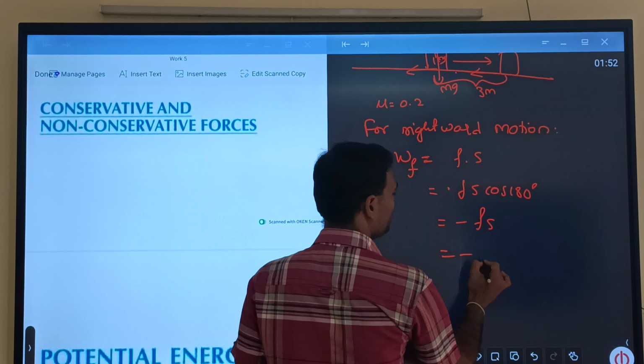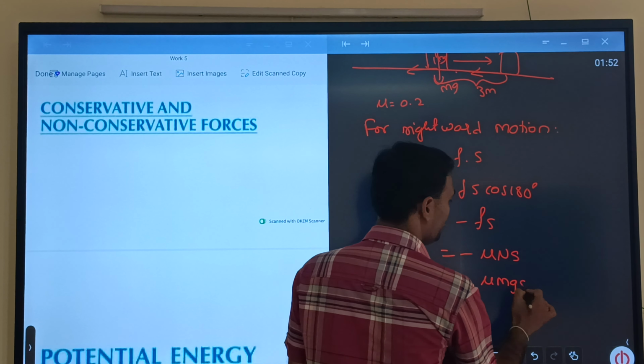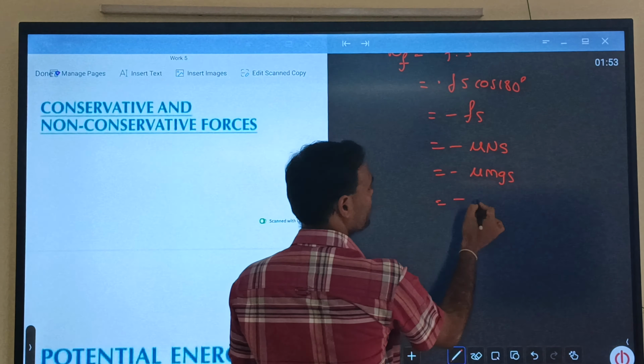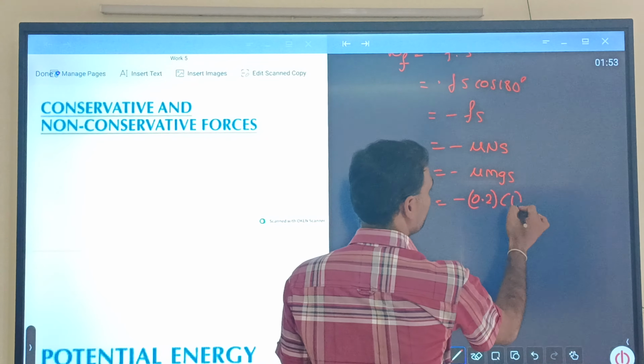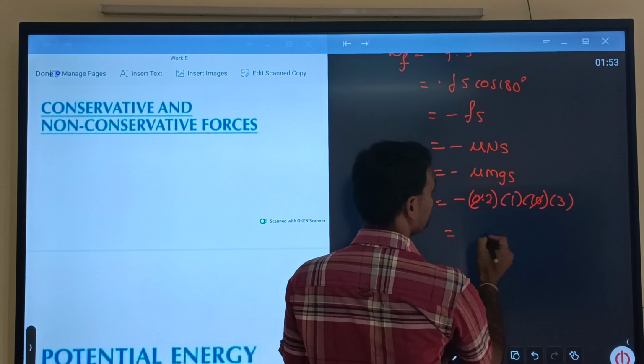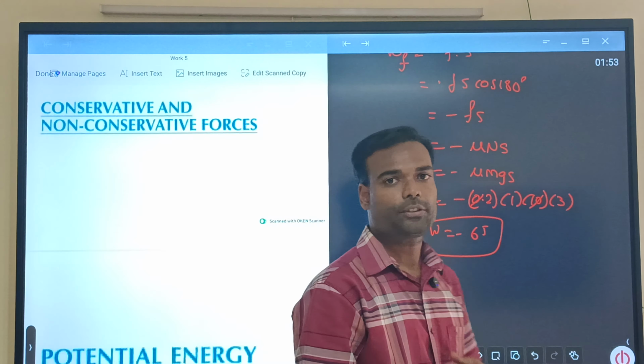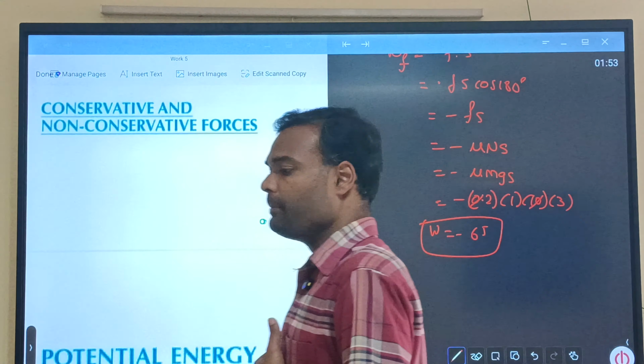F is equal to mu N, which is mu mg. So work is minus mu mgs, with mu equal to 0.2, mass 1, g 10, displacement 3, which gives minus 6 joules. I hope I am clear.